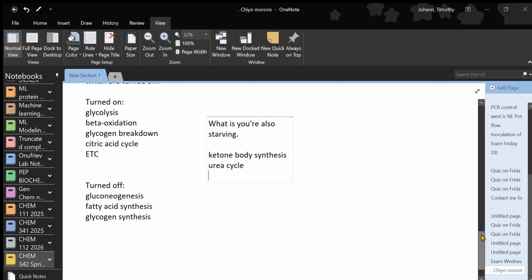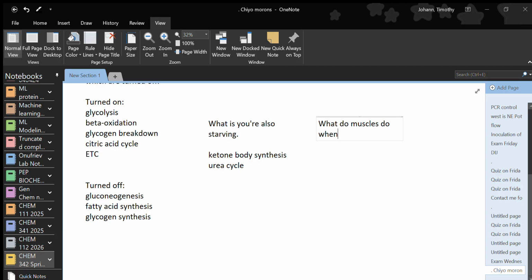What else is going to happen in the liver? Certain muscles. What do muscles do when you're starving? Okay, so we're going to say break down amino acids.